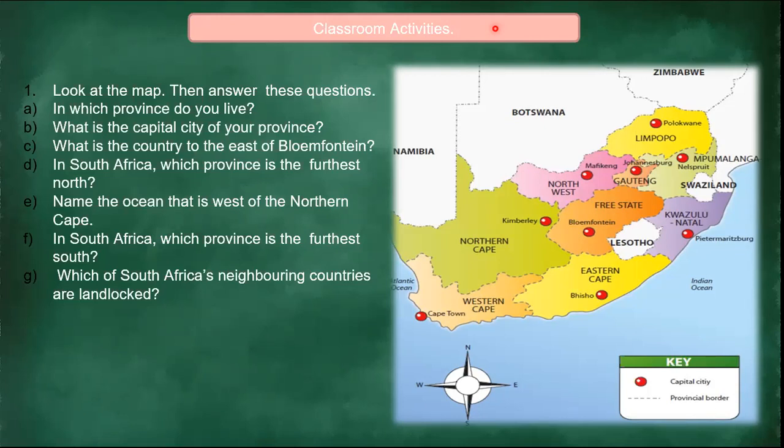In South Africa, which province is the furthest south? The furthest south is the Western Cape. Yes, it's the Western Cape, in the southern part. Thank you very much. It is closer to the southern part of South Africa.